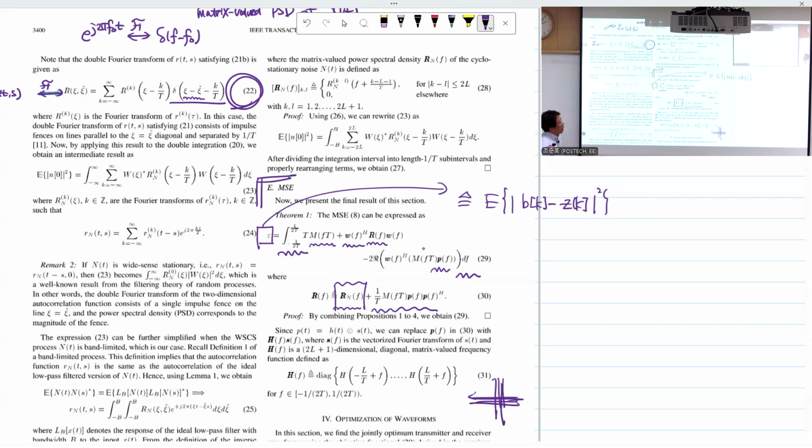And this happens a lot in communications and signal processing.